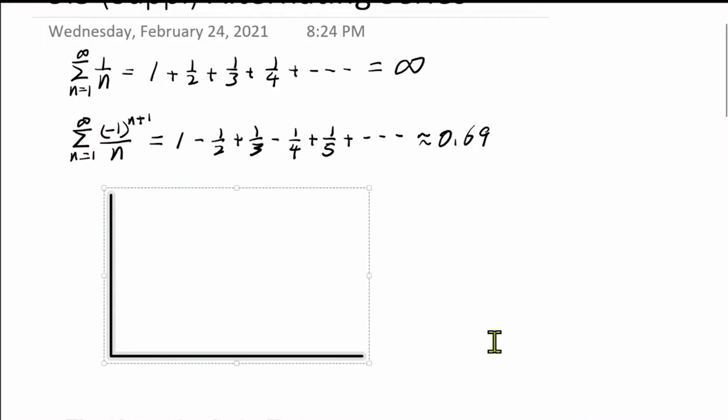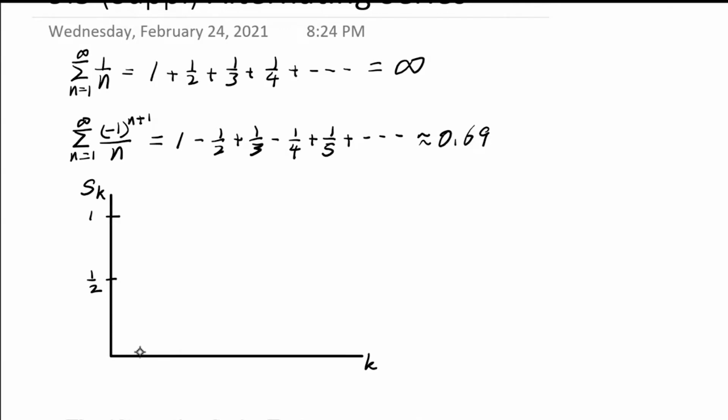So suppose, say this is 1 right here, and this is 1/2. We are plotting S_k versus k.